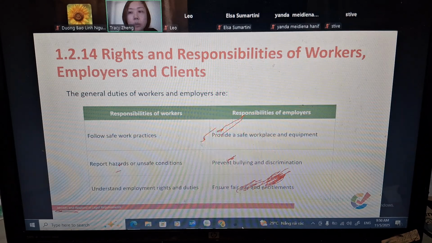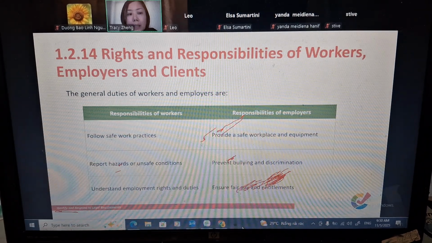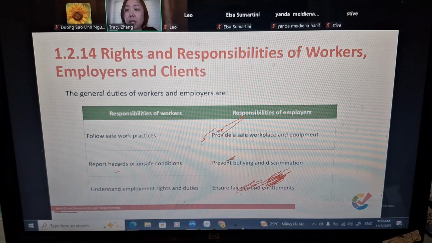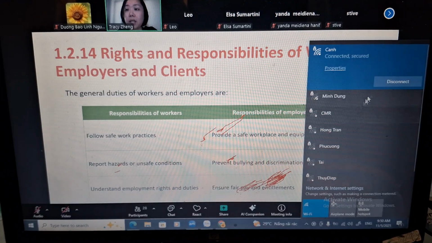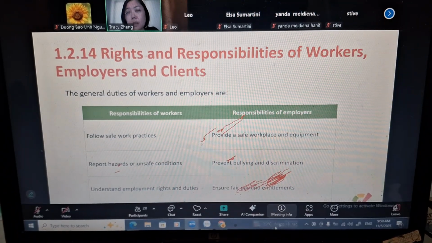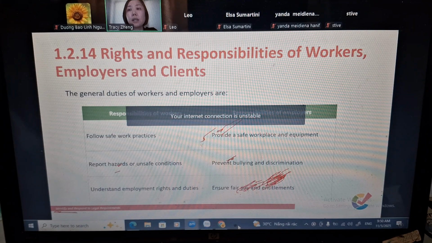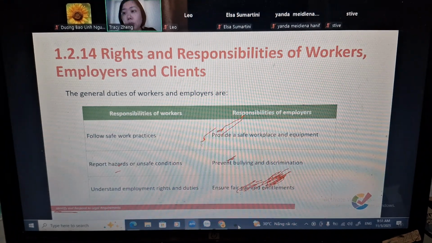And secondly, we hold the responsibility to report any hazards and also unsafe situations, like if your clients have a high risk of falling, or a risk of choking, or a risk of challenging behavior, all of those you do need to report.